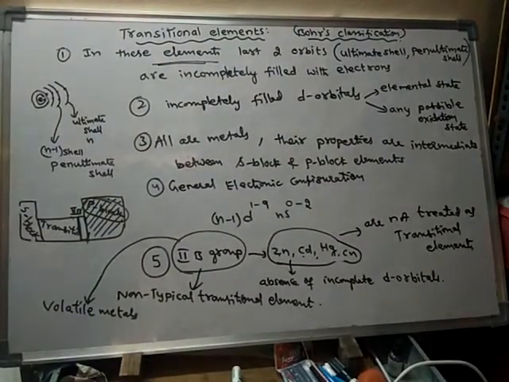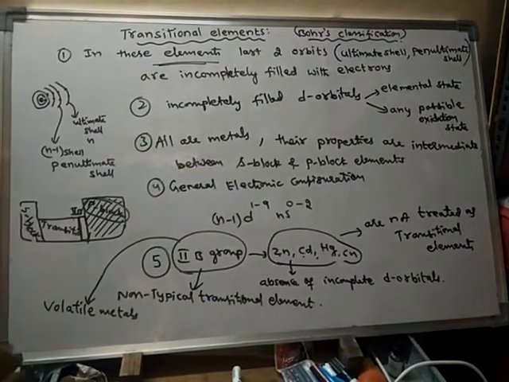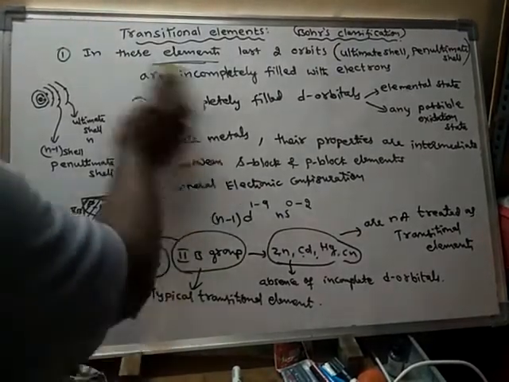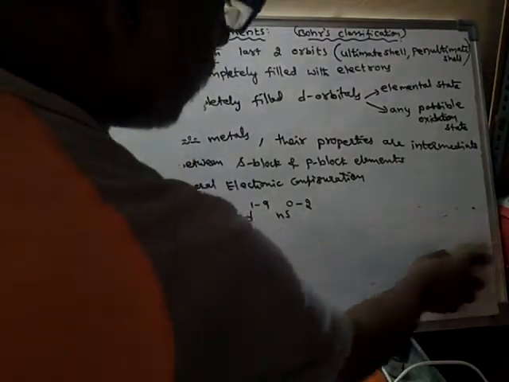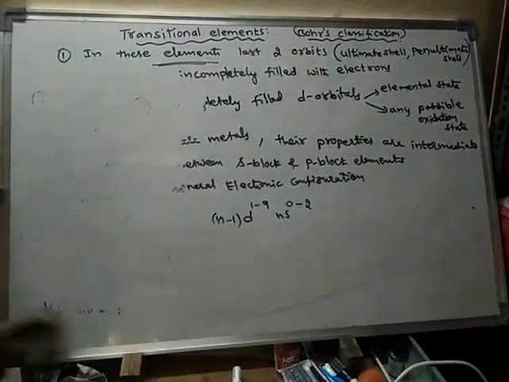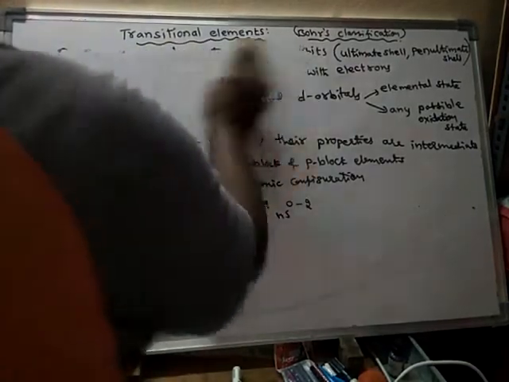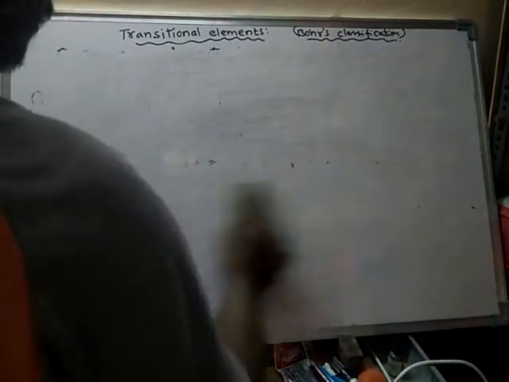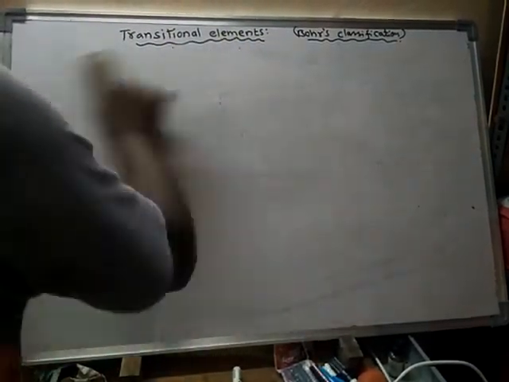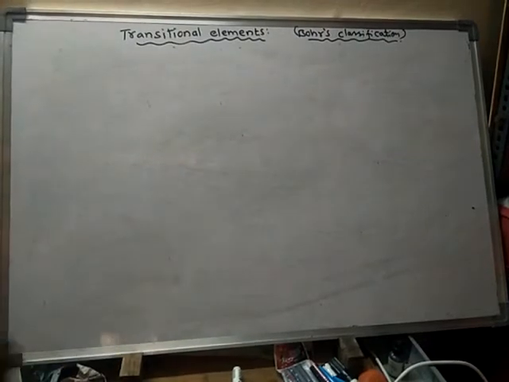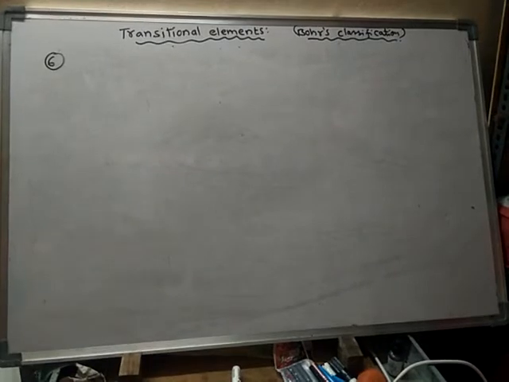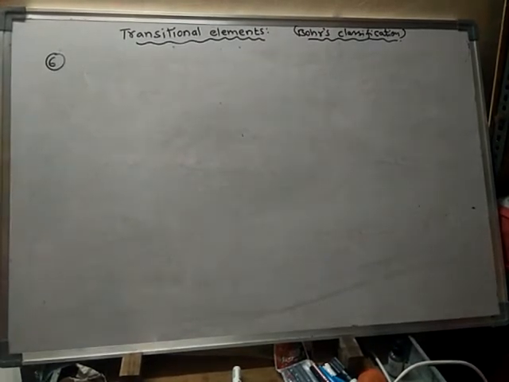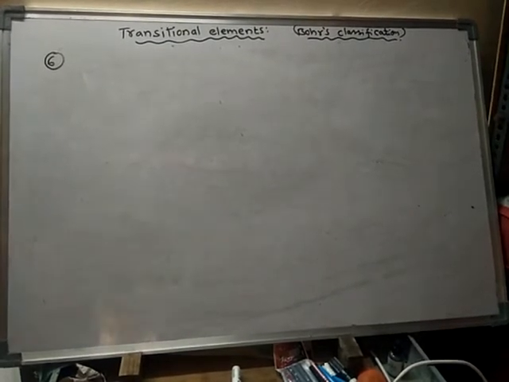Now the next point: in case of transition elements, both (n-1)d and ns electrons participate in bonding.